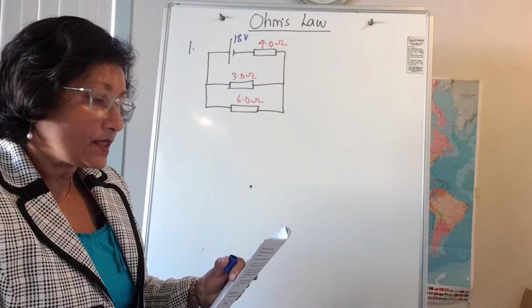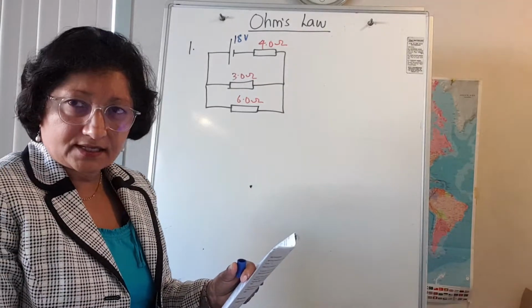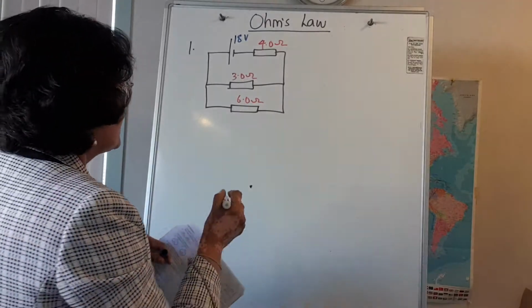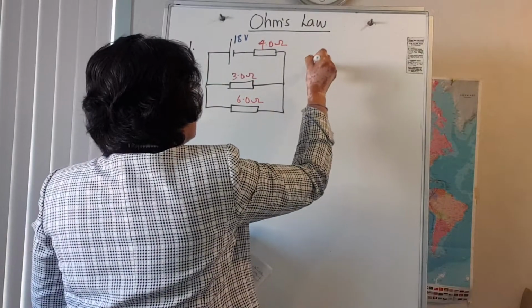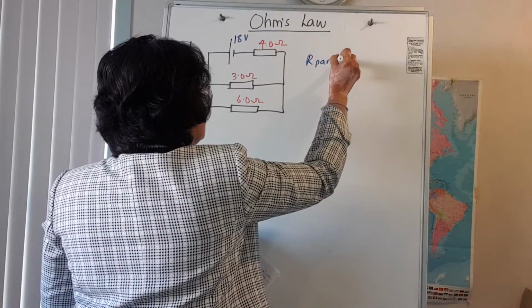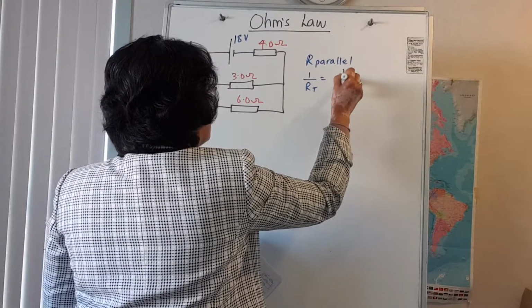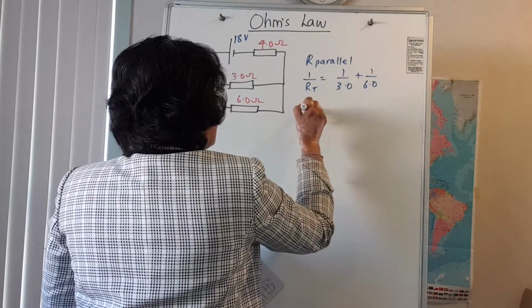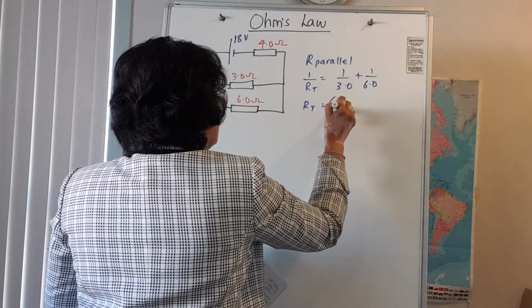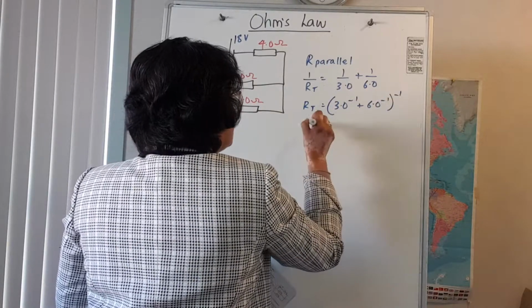Okay, first thing, in the circuit shown, calculate the total resistance of the circuit. And the way we do that is first find the resistance in parallel. So resistance in parallel is you do 1 over RT equals 1 over 3 plus 1 over 6. Or this is equal to 3 to the power of -1 plus 6 to the power of -1.